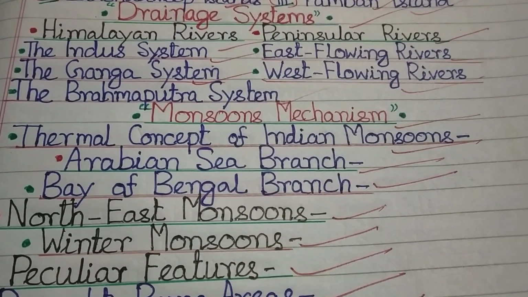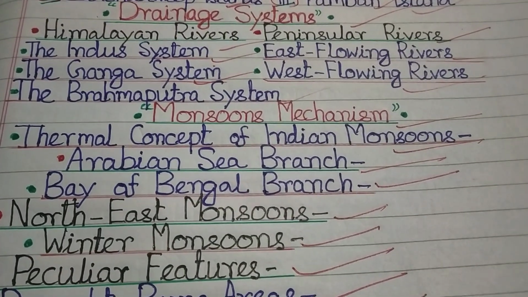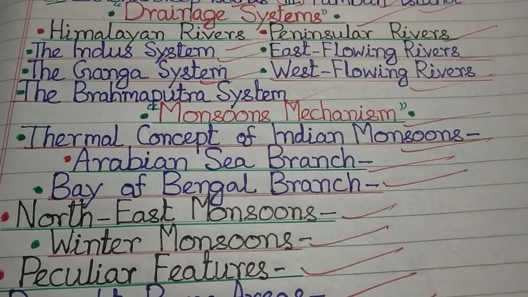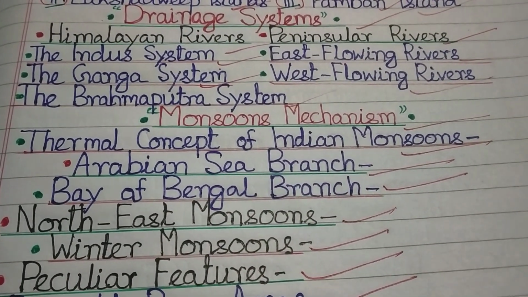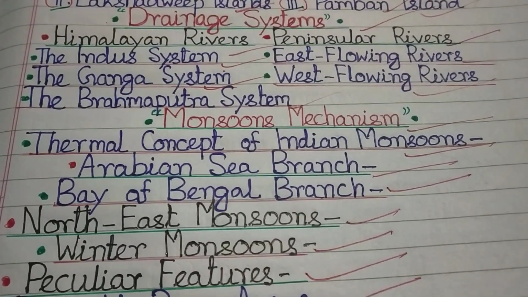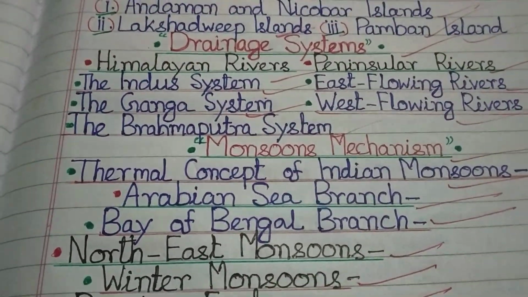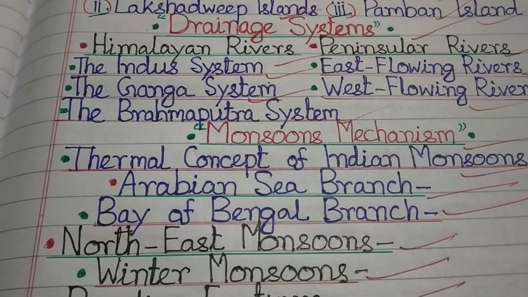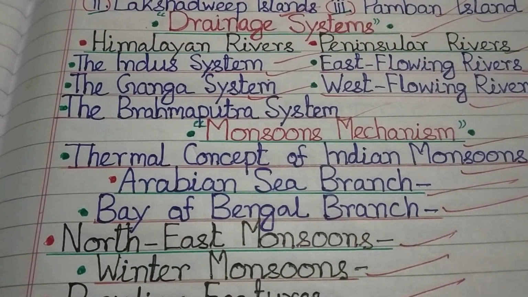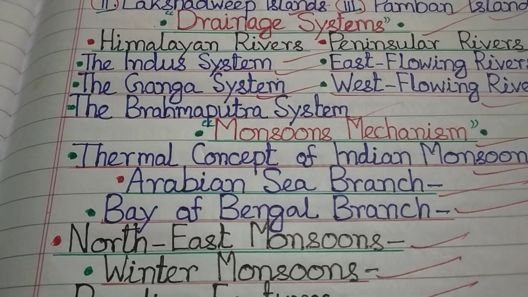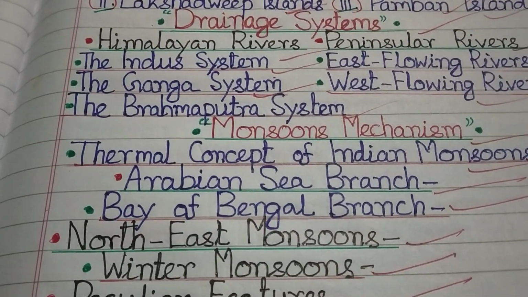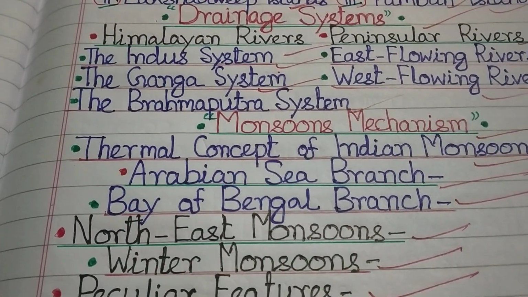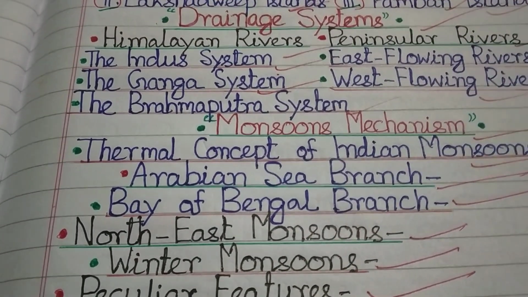The Himalayan rivers are free to form their courses and follow a dendritic pattern. These rivers have very large basins. The Indus drains approximately 2.5 lakh square kilometers within the Himalayan region alone.